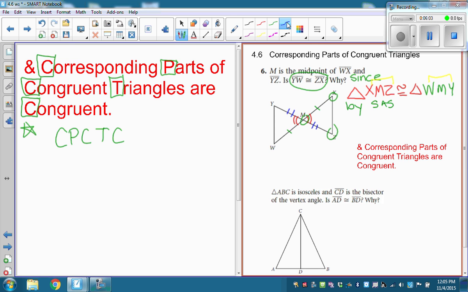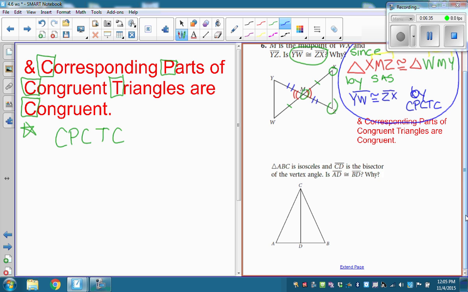So since the two triangles are congruent by side angle side, YW is congruent to ZX, and the reason is the corresponding parts of congruent triangles are congruent. So the answer to the question is yes, but what your homework's going to look like is yes with all of that. Got it?